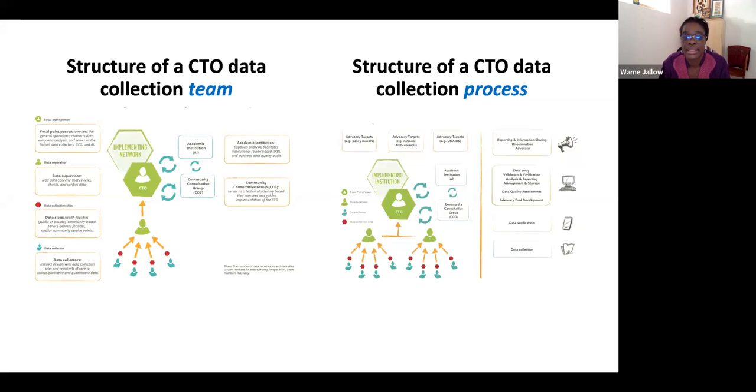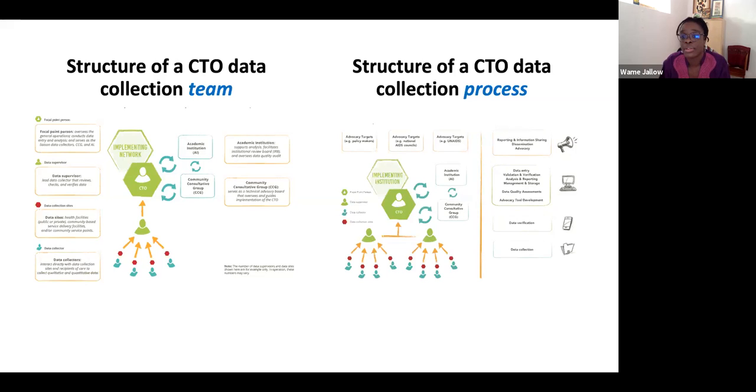Also linked to data collectors are data supervisors, essentially a more senior person on the team who is able to monitor the quality of the data collected. There's a process to verify and check the validity of the data before it's entered into a database, and this data supervisor is really critical in that.